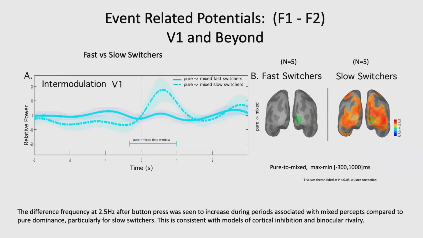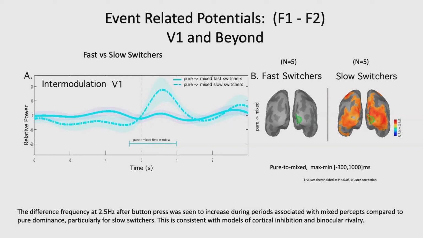The next slide was the effect that we found that was a more impressive difference between the fast and the slow switchers. We found it when we looked at the intermodulation frequency. So we saw a clear peak in the power at that difference frequency, really just for the slow switchers. And now we're coming back to that idea about the mixed percepts in between transitions.